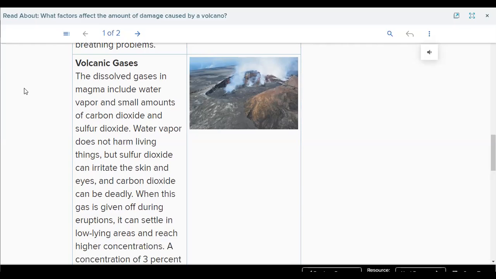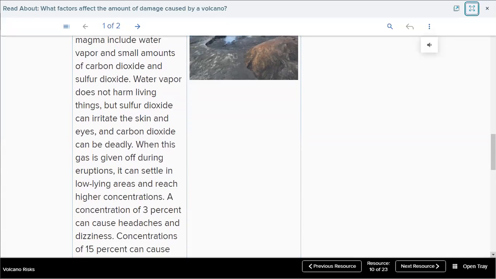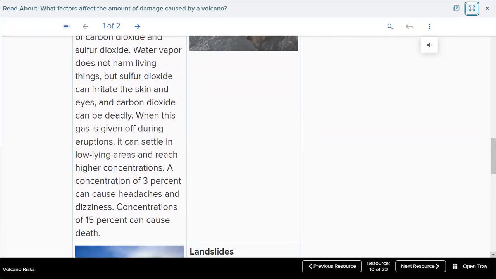And carbon dioxide can be deadly. When this gas is given off during eruptions, it can settle in low-lying areas and reach higher concentration.